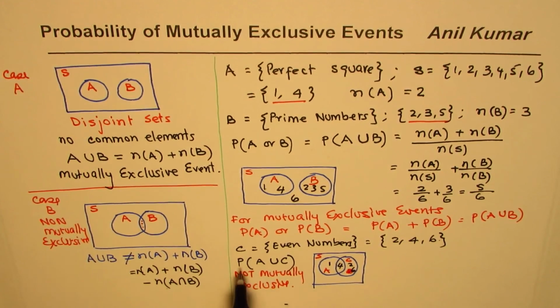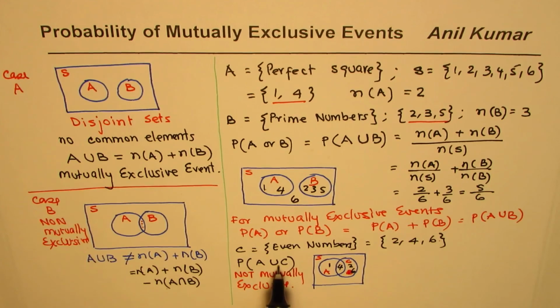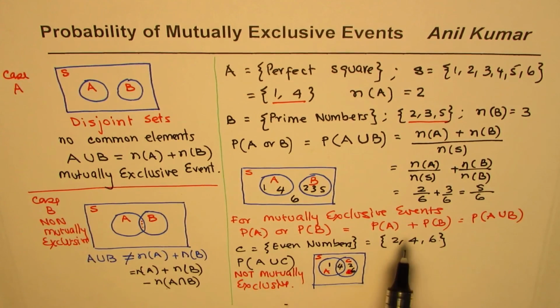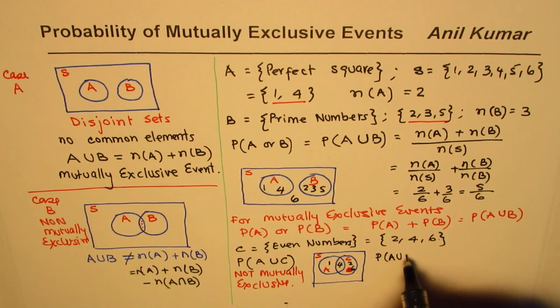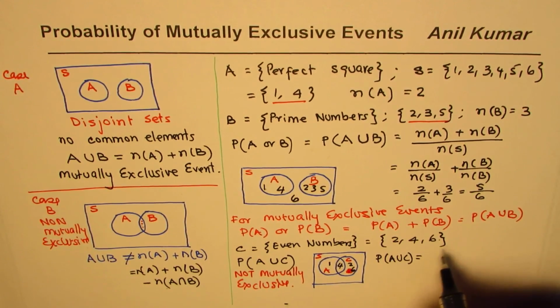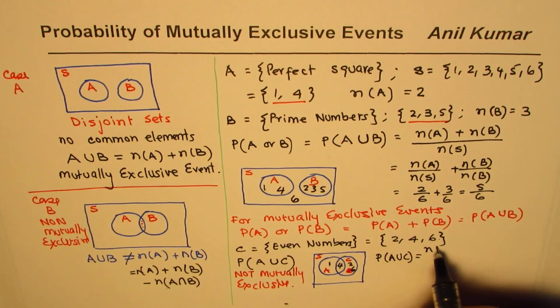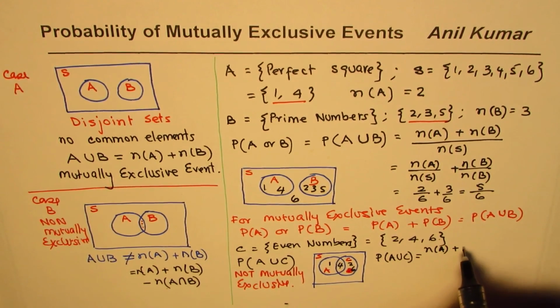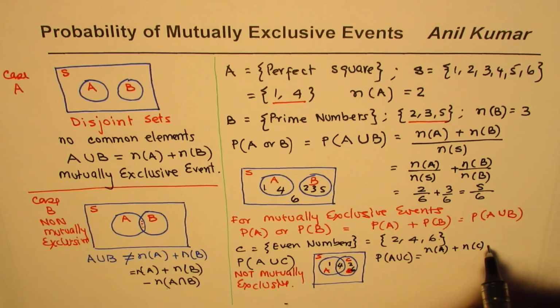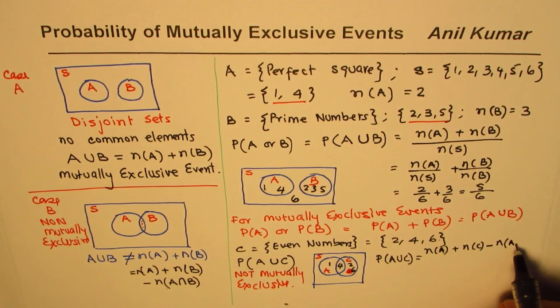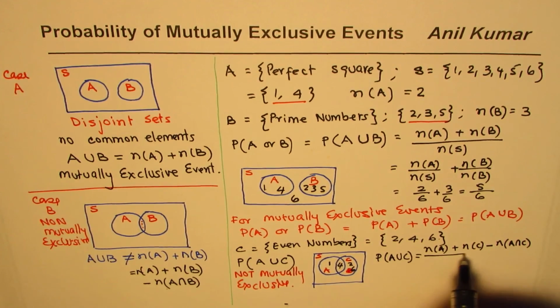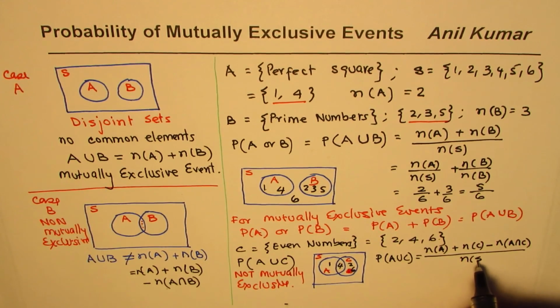So the probability of A union C, you just can't add them. So in this case, the probability of A union C is equal to n of A plus n of C, take away the intersection n of A intersection C, and divide by n of S. Do you understand?